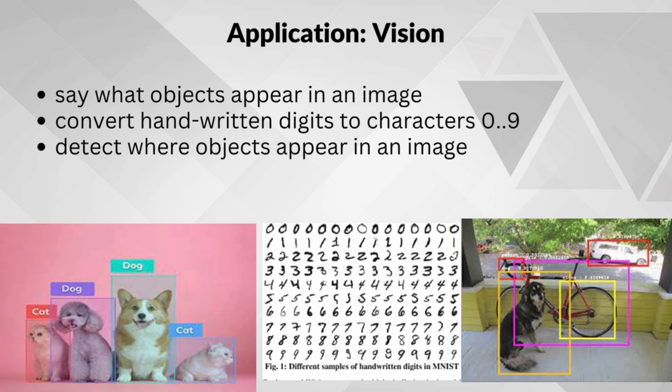The model is trained with these pixels, and then the ML algorithm tries to recognize objects within the image using these techniques. Another example is converting handwritten digits into characters. It is also one of the examples of machine learning algorithms.